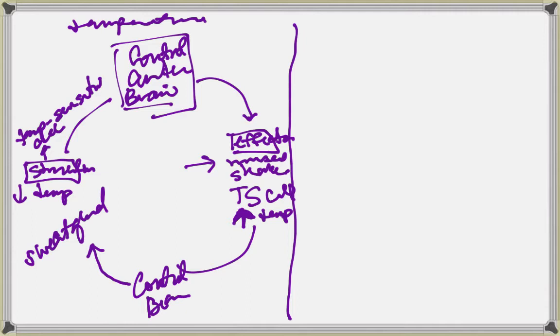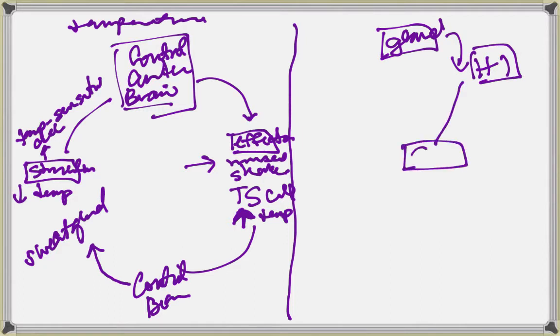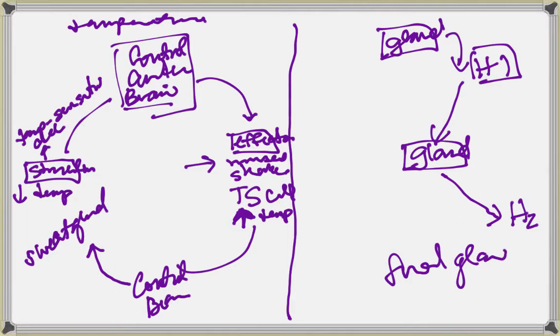So it's the idea, a lot of times, say you have one gland up here that releases, I'm going to put hormone 1. And then hormone 1 is going to go down here to another gland. And that is going to help release hormone 2. And then hormone 2 goes to the final gland, right?